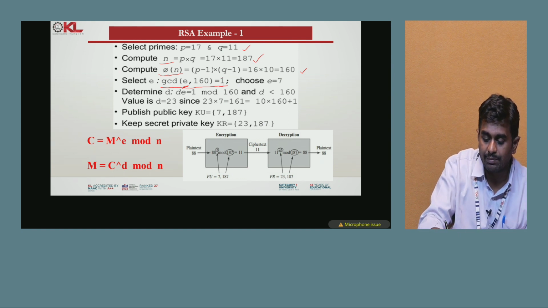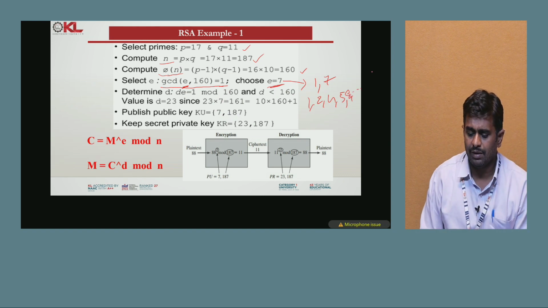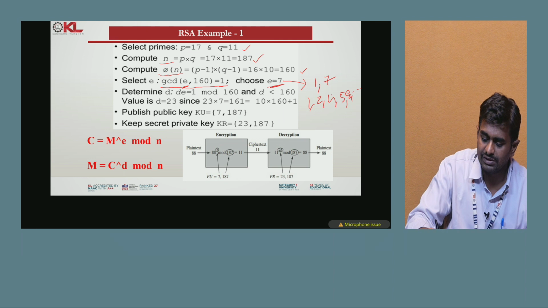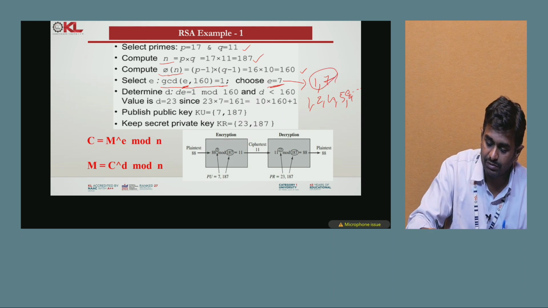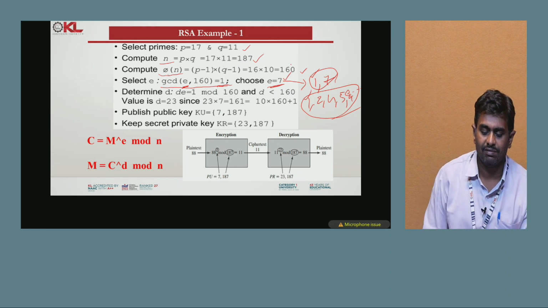So here I am selecting E equal to 7. The divisors of 7 are 1 and 7. The common divisor is only 1, so that's why I select the value 7.